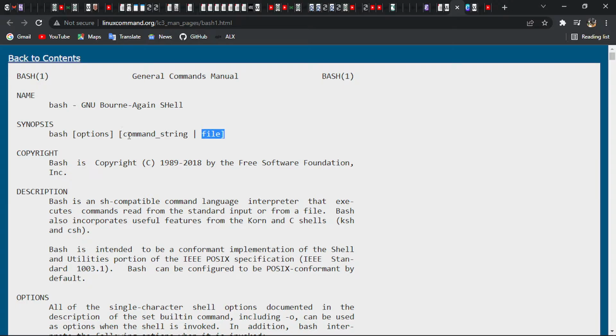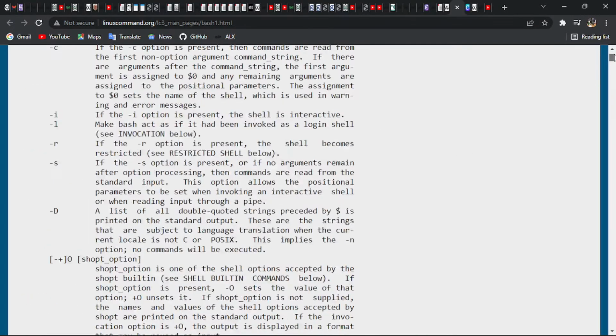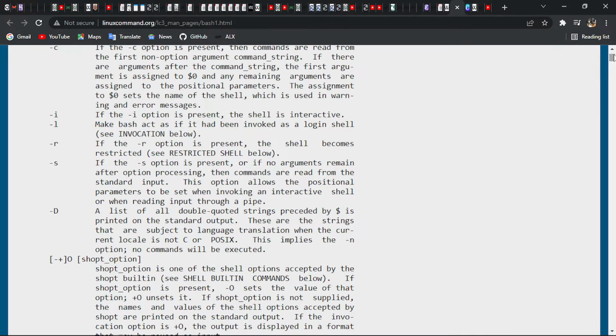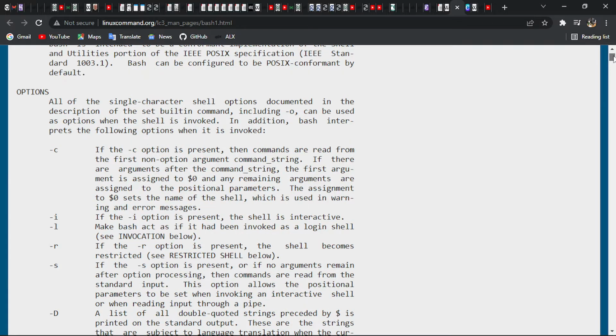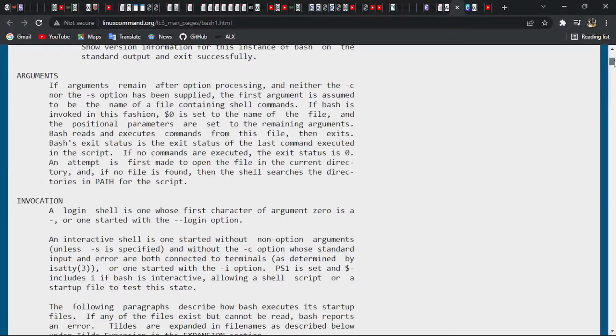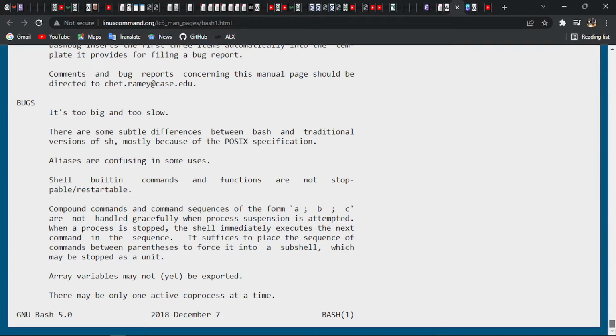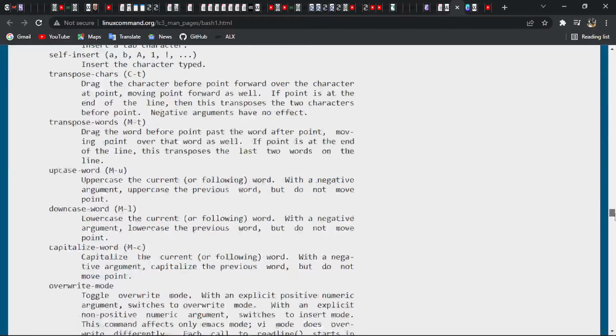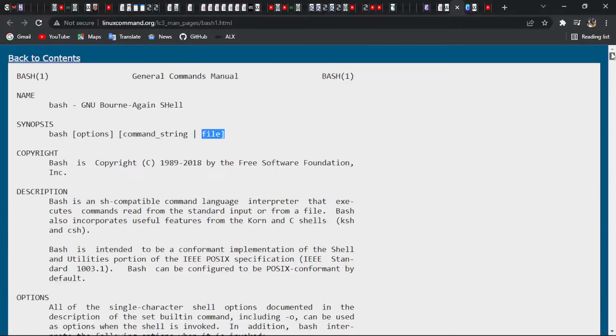We will go deeper into this one and other commands later, but for now there is no need to memorize or understand anything. The only thing you should understand is that bash is the advanced version of the Bourne shell, and nowadays bash is very popular.